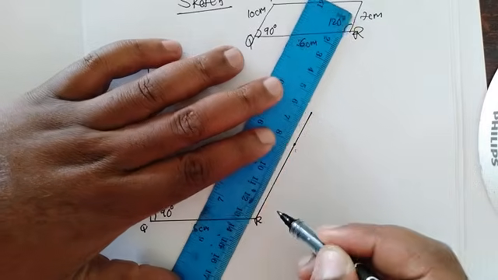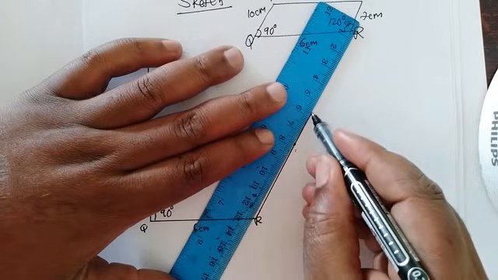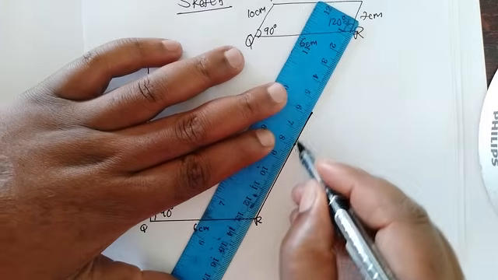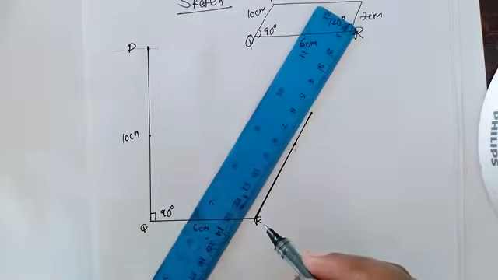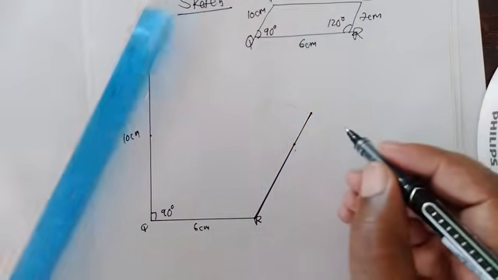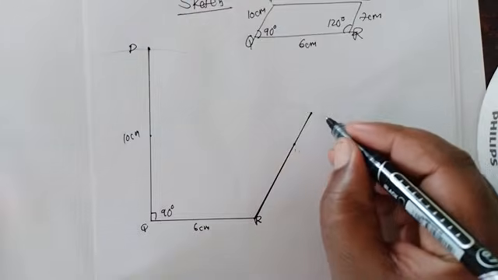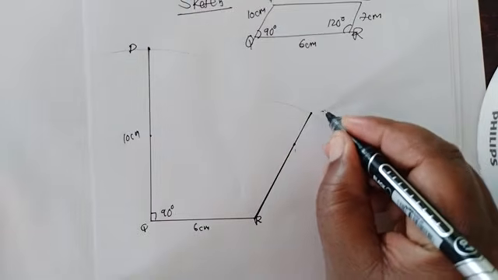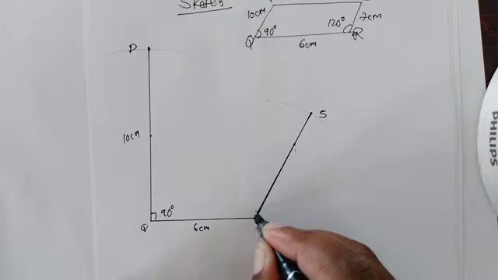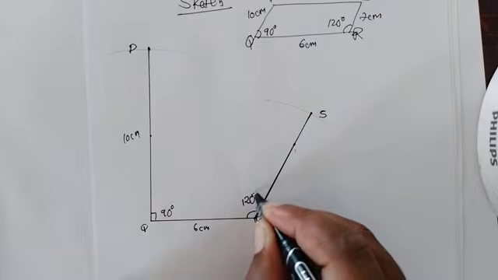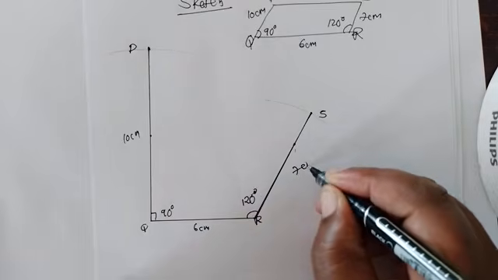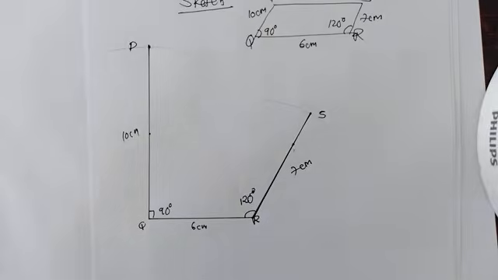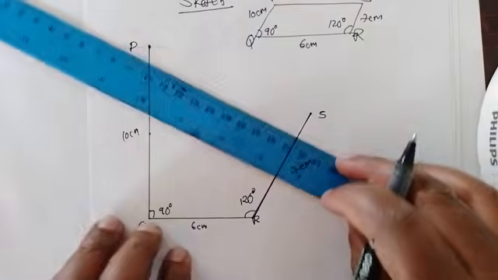Okay. Alright. I should go up to here. Alright, so this one becomes the S, and we know that this angle is 120 degrees. This is 7 centimeters. Alright? Then you can join direct this one.